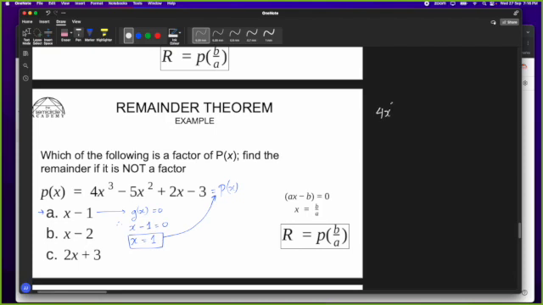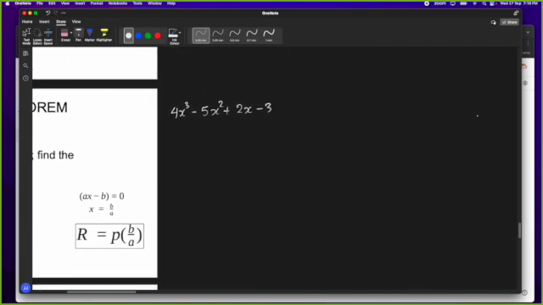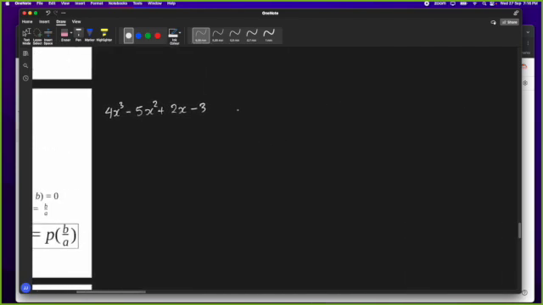4x cubed minus 5x squared plus 2x minus 3. And we'll call this p of x. We want to be dividing it by x minus 1, so we'll call this g of x.